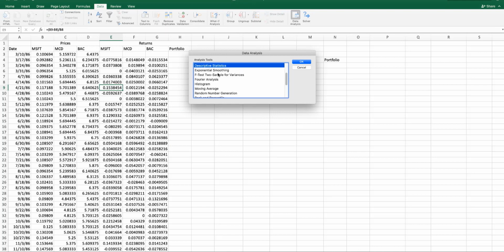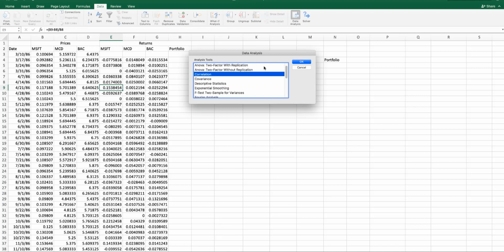Today I'm doing the recording from an Apple device, so the instructions might be a little different from the examples that you might have seen. Only the download instructions are different for the add-ins.